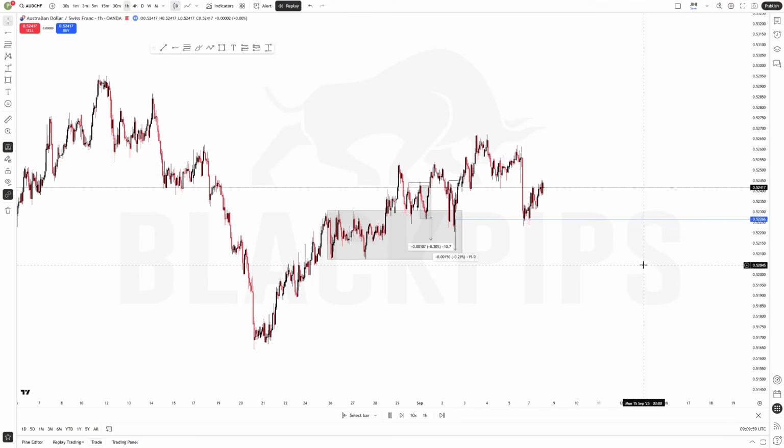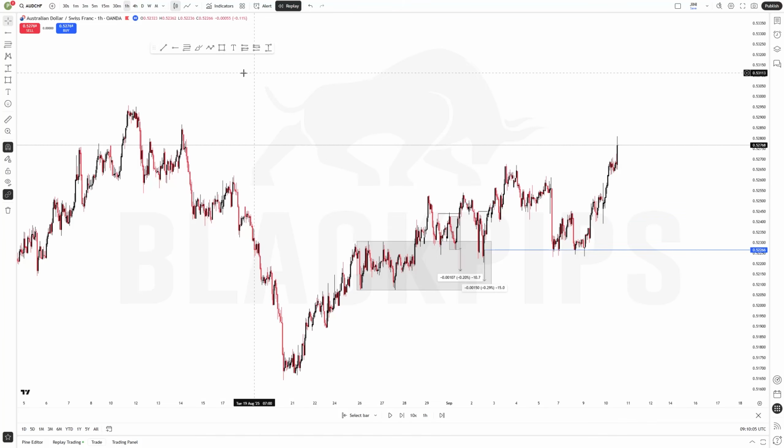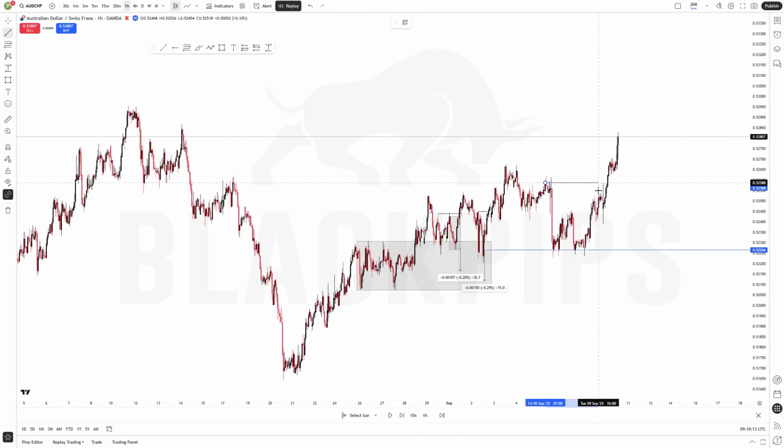But as you can see, the market just came, activated that entry, and then tapped our first take profit, which was here. This was our first take profit, and the second take profit was at this level here. And after the break, they said take profit will be at this level here.